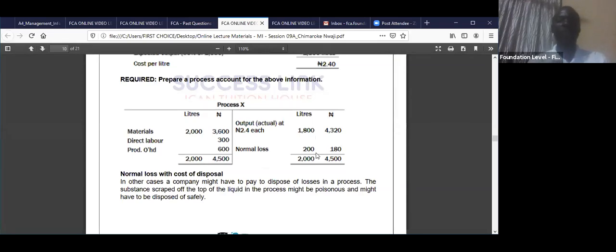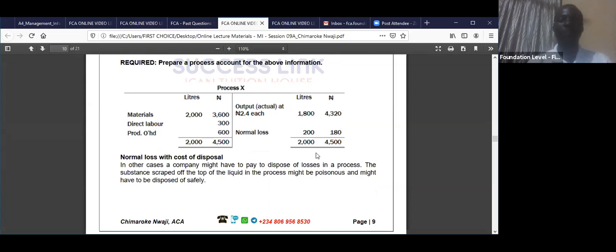Now we have normal loss with cost of disposal. In other cases, a company may have to pay to dispose losses in a process. So not only are you having a loss, you can see the loss is not the same thing as the good output, but you may need to dispose of it. Let's say, for example, you are selling tomatoes or you're using them for your process, and the good tomatoes come out well.